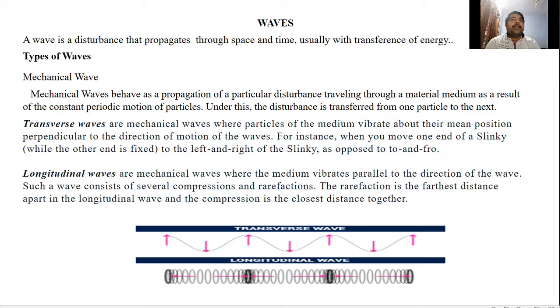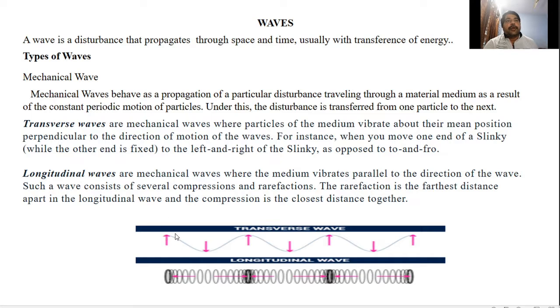In mechanical waves, the energy transfer takes place from particle to particle, which means when the disturbance is created at this point, this particle starts vibrating about its mean position, and then that particle transfers energy to the next particle.